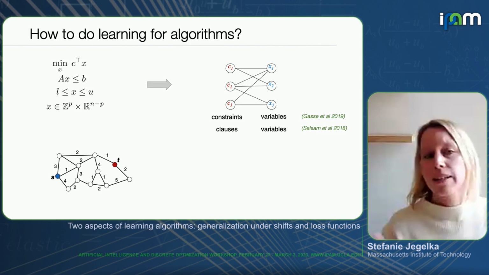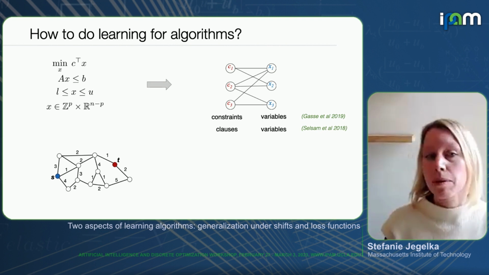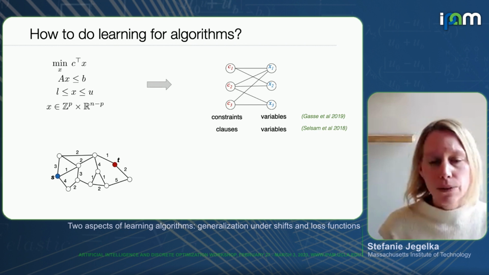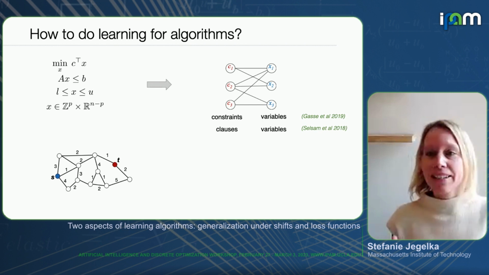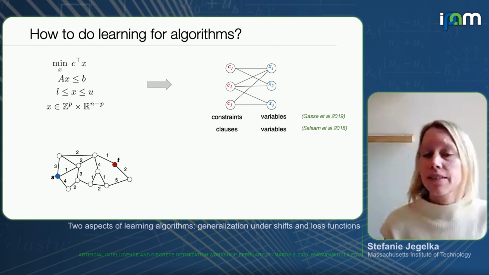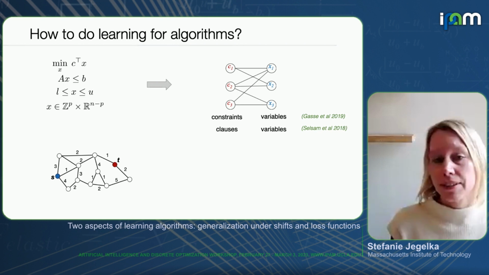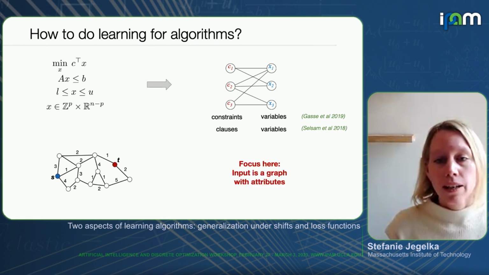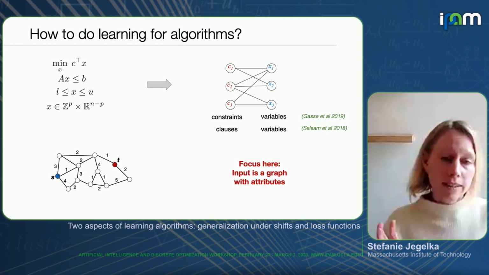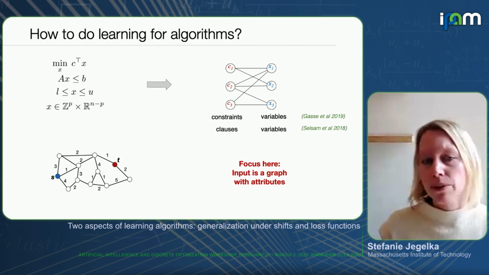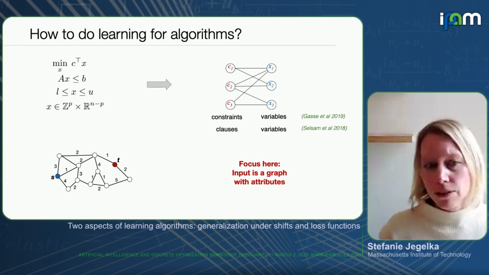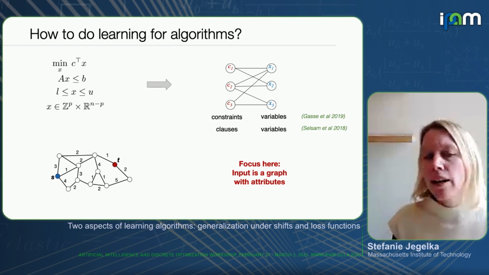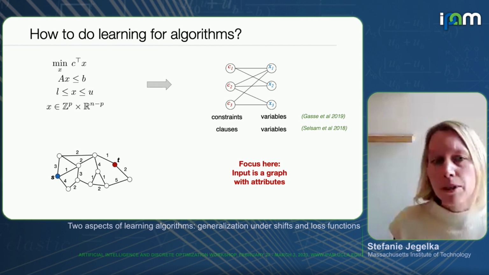So in some sense, even more general optimization problems you can represent in graph form. Hence, what we'll assume right now is that our input instances are graphs, and then we want to predict something about these graphs. In addition, our graph has attributes. This can be edge weights or some vector information on the edges, and potentially some vector information on the nodes.